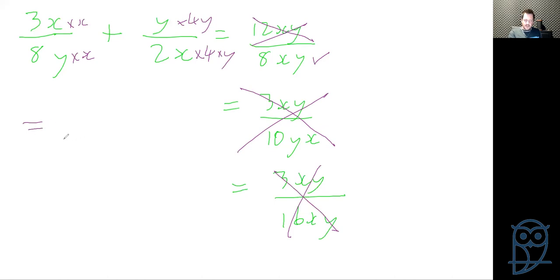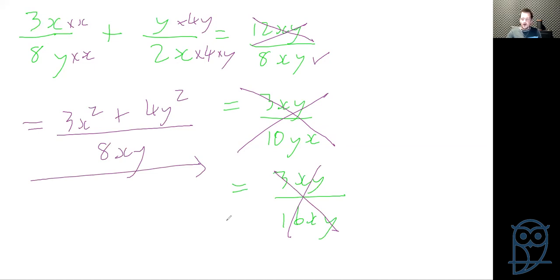But we will find that my denominator is 8xy. 3 times x is 3x squared, plus 4 times y is 4y squared, and that is as far as we can go.